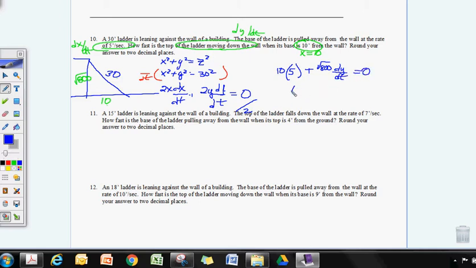Okay, so my dy/dt is going to be negative 50 divided by square root of 800, which turns out to be negative 1.76, and that would be feet per second.